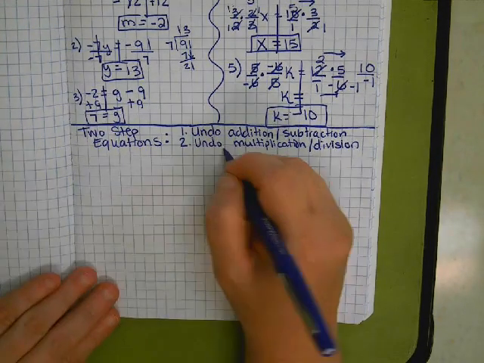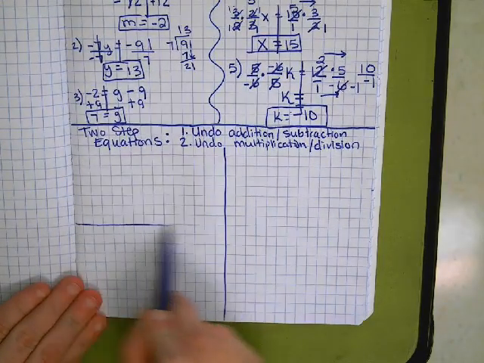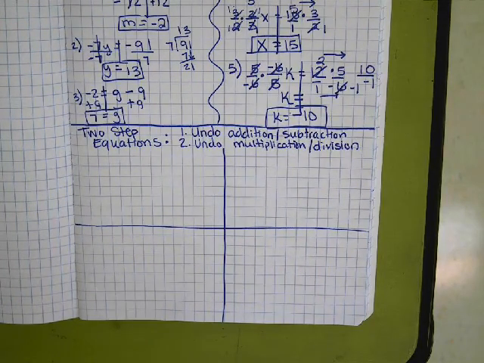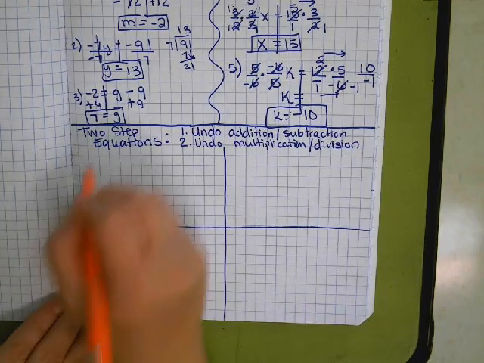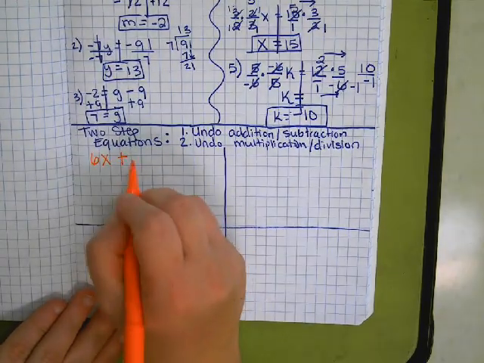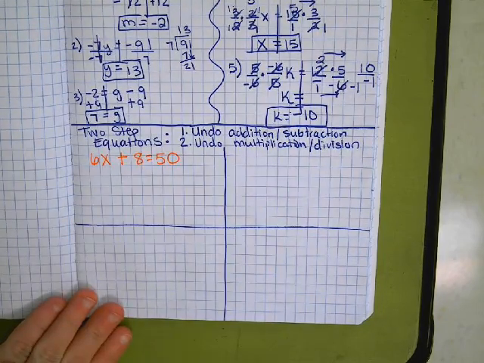And we're going to divide this section into 4 boxes. Alright, so our first problem is 6x plus 8 equals 50.